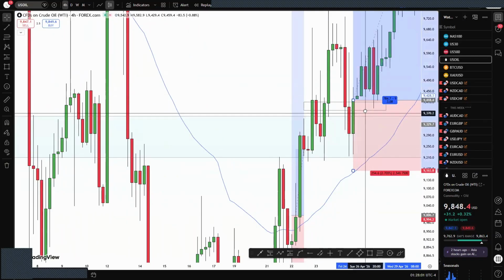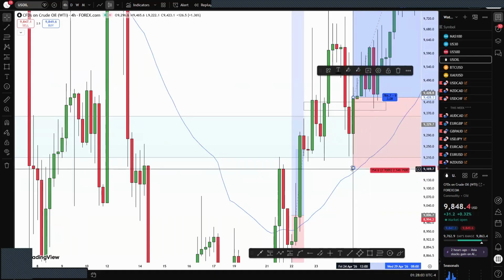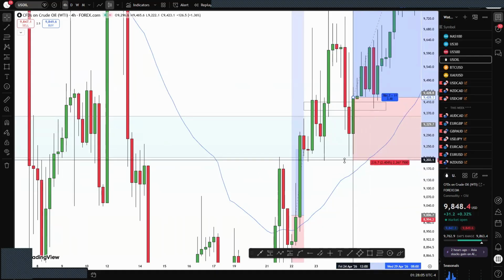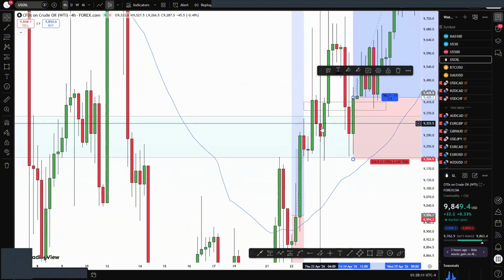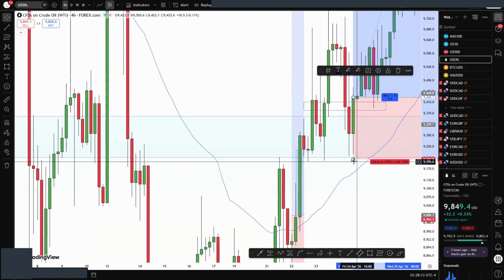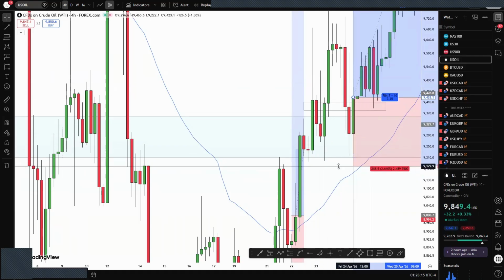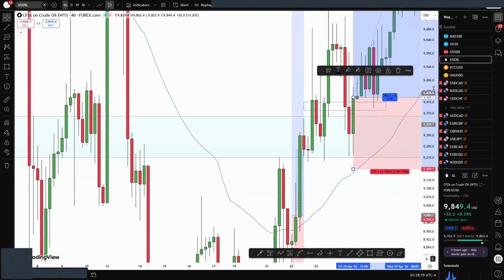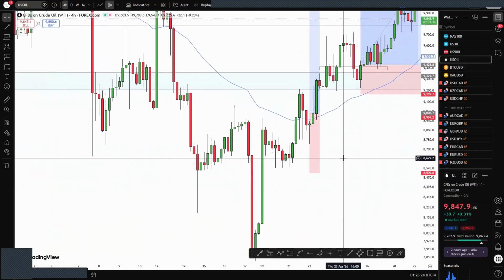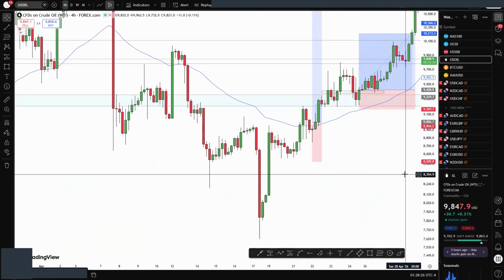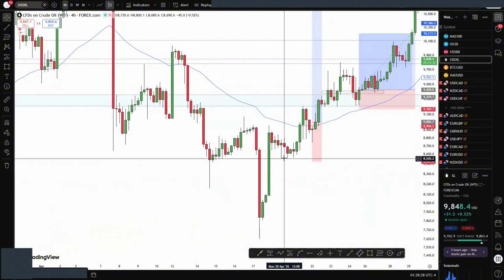So if I enter this zone, this is where my wicks are ending for the 4 hour engulfing, and this is where my lower low is for the higher low for this push. So I can easily drag my stop and cover the higher low too. It just depends on where the higher low is. As an example for this one as well, this distance is not much of a deal.